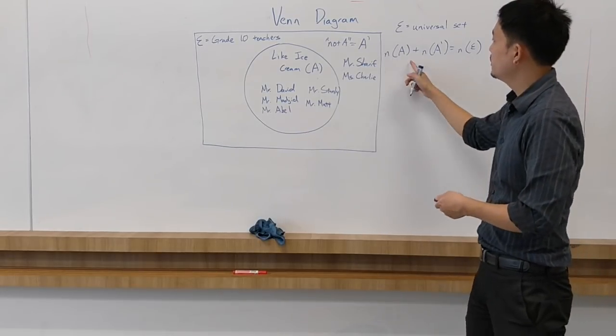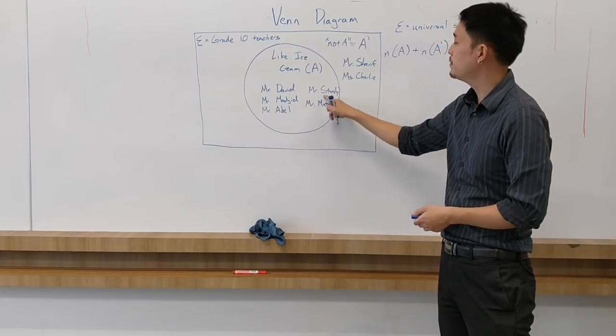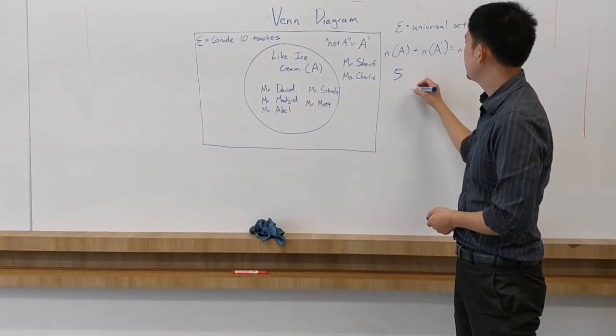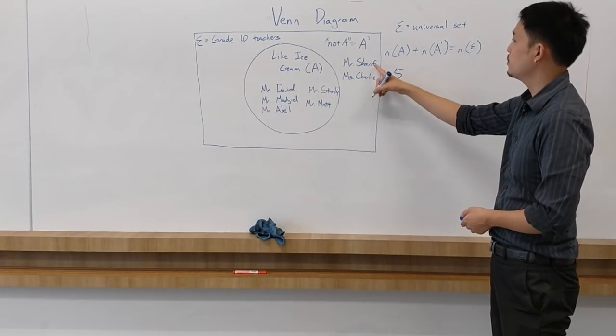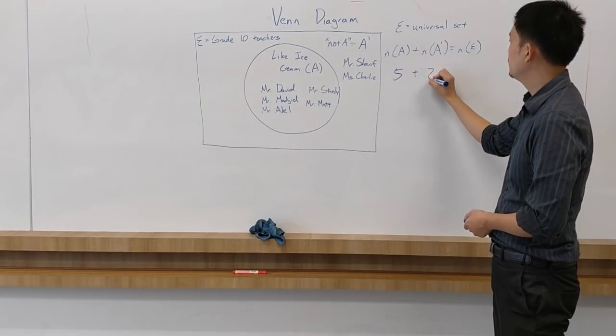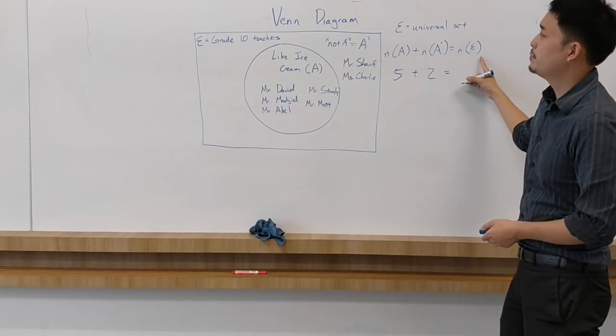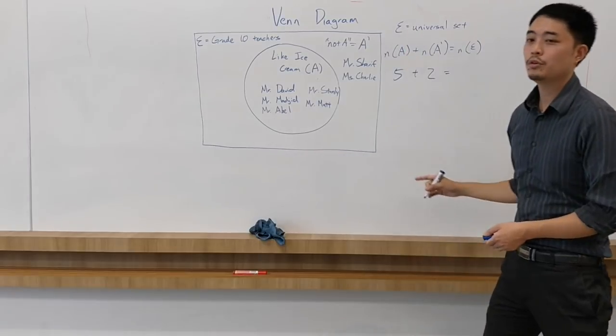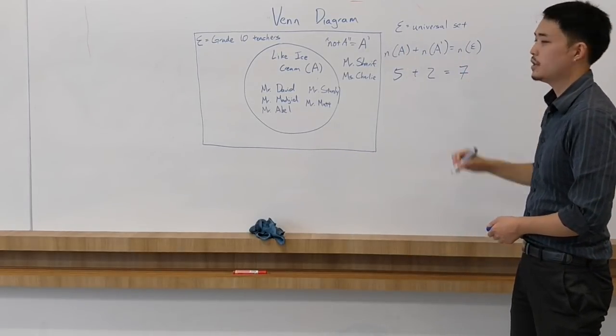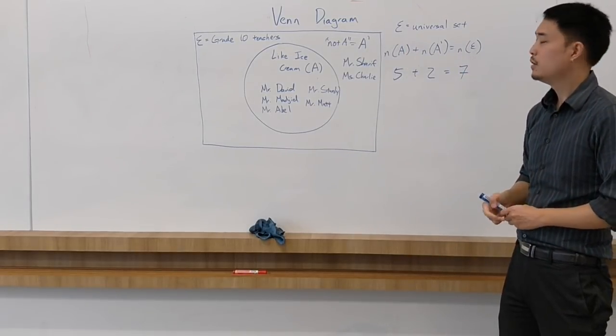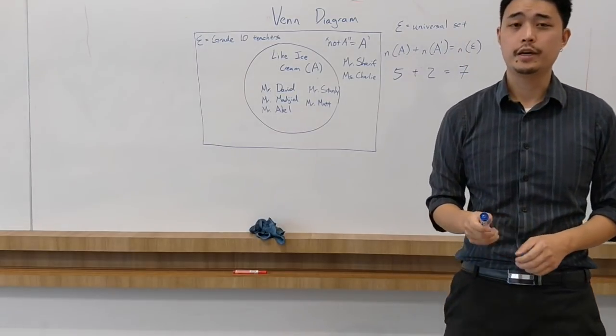So in this case, the number of A is 1, 2, 3, 4, 5. The number of A complement is 1, 2. And the number of people within this whole box, within this whole Venn diagram, is 7. So that is our first property of Venn diagrams.